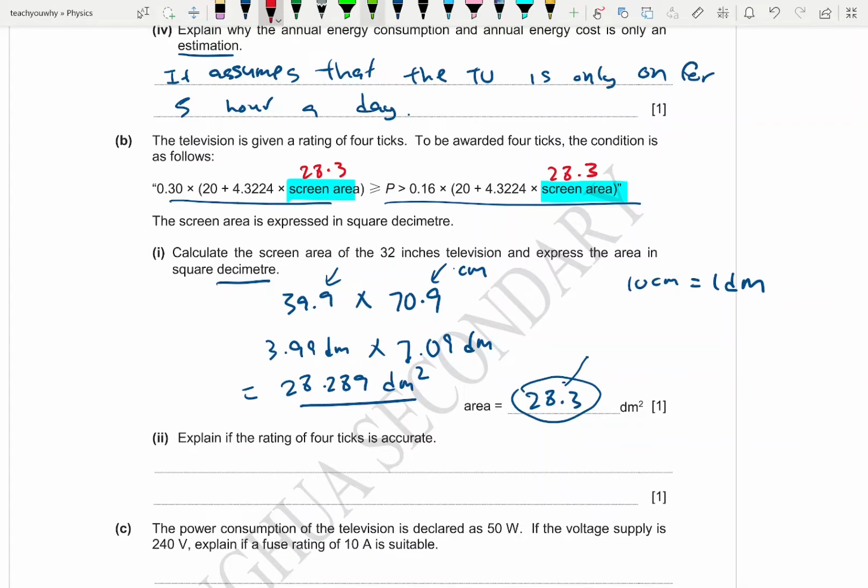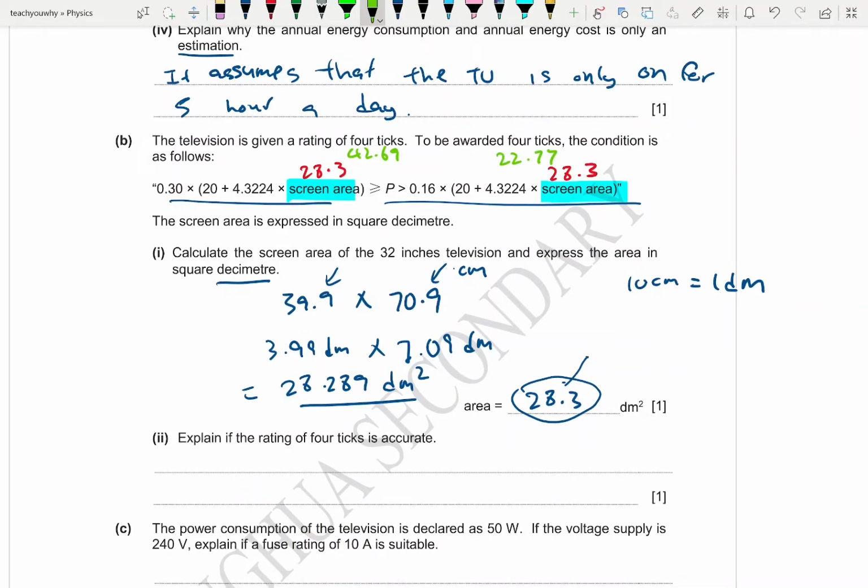So this part here is 42.69. And then likewise we do it on the other side. This part here is 22.77.